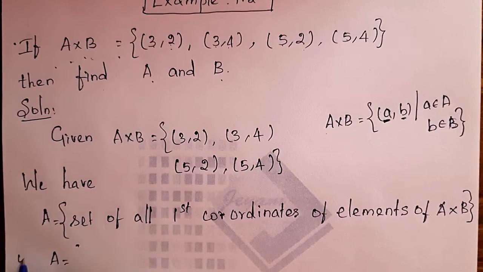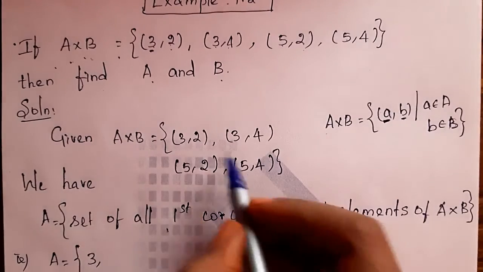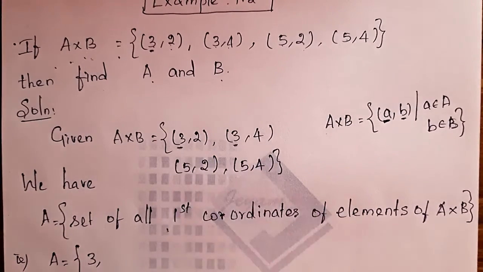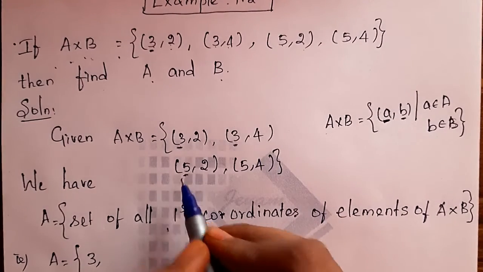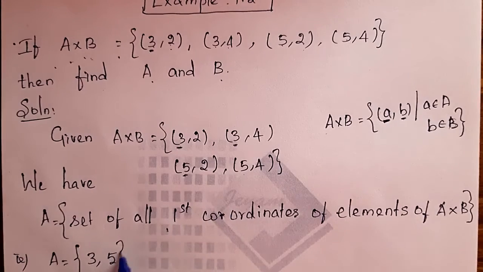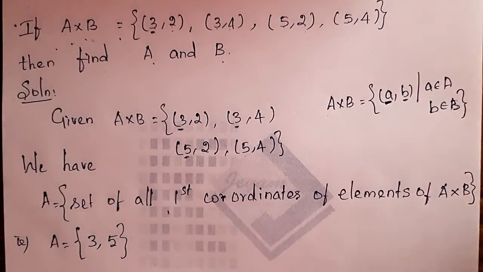That is A equal to the set of all first coordinates. What is the first coordinate? 3. Next, look, we wrote 3, again here is 3, no need to write that again. Then 5. Look, again here is 5, no need to write. So simply we found that A equals the set of all 3 and 5.